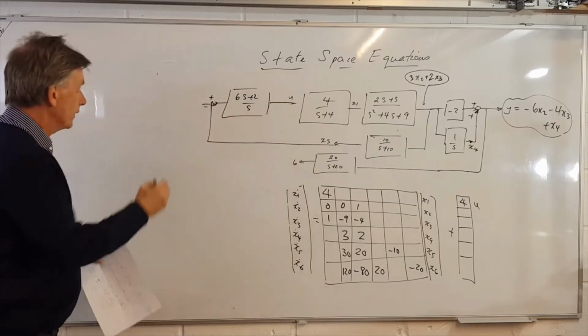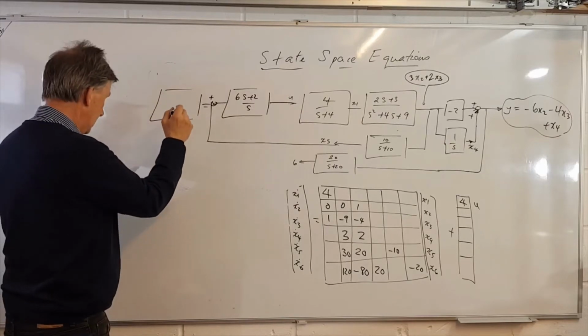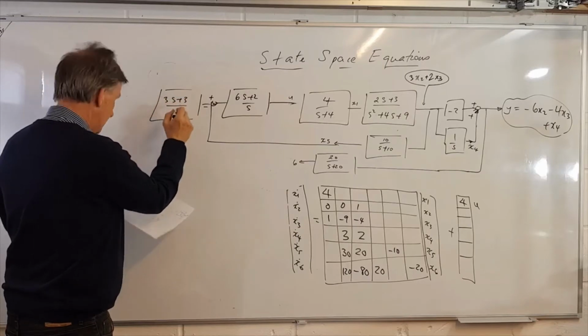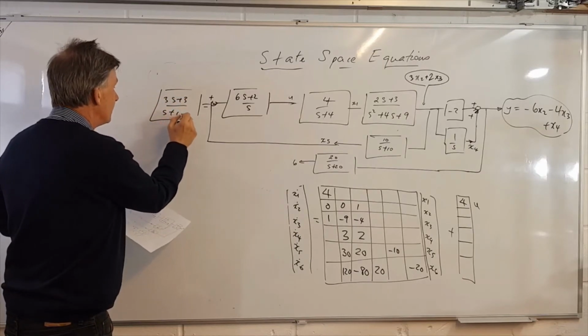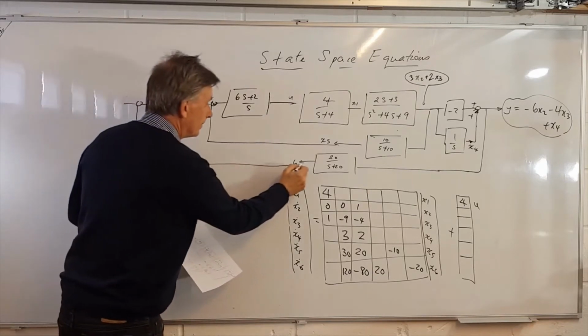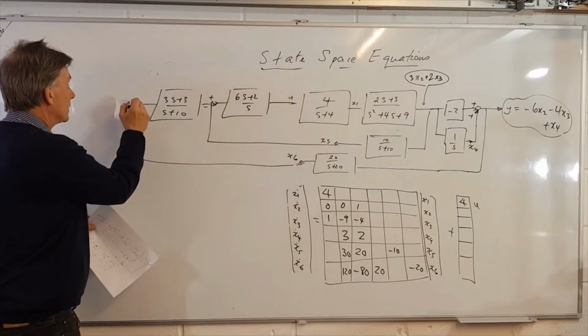And then we're going to have a phase lead controller in here, and that one's going to be fed off x6. And we're going to have some input here, V.